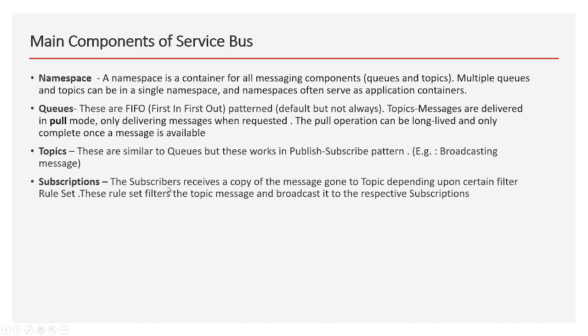In the subscription I have written that the subscribers receive a copy of the message sent to the topic depending upon a certain filter rule set. So there will be certain filter rule sets. I will show you in the pictorial diagram so that it will be easily understandable. These rule sets filter the topic messages and broadcast them to the respective subscriptions.